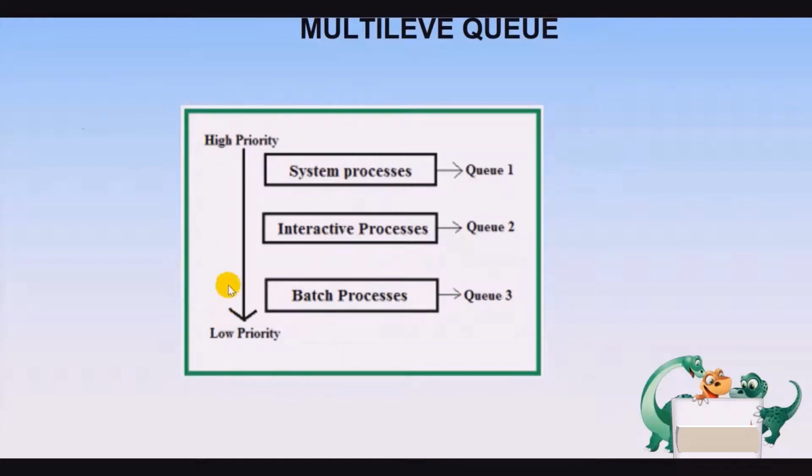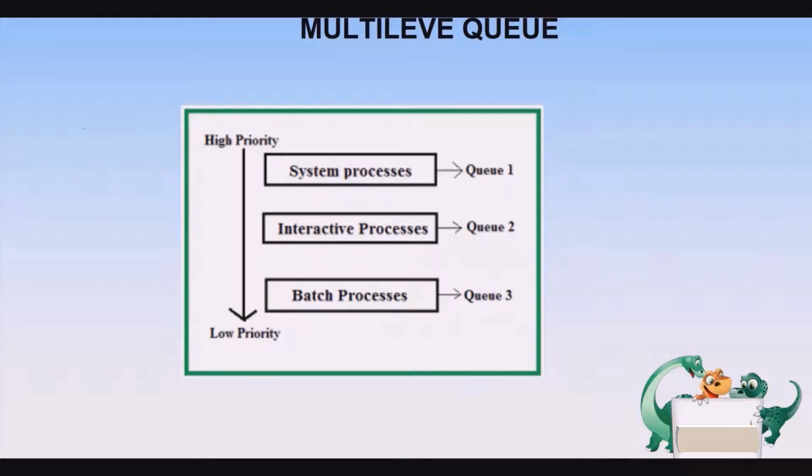System processes are given the highest priority here, and for instance that is Q1. Interactive processes are given the next higher priority, and they are in Q2. Batch processes are in the lower priority, and that is Q3. So all three types of processes have their own queue.